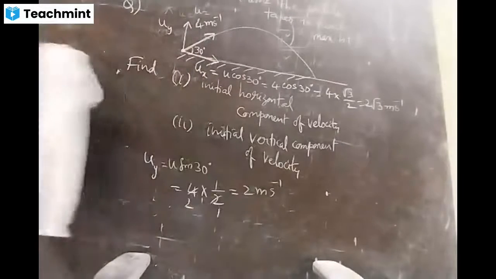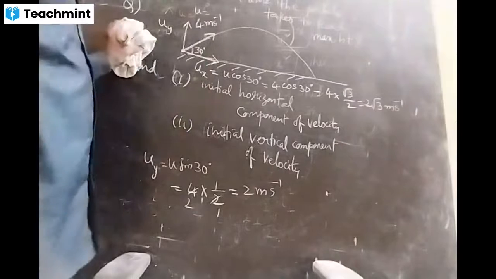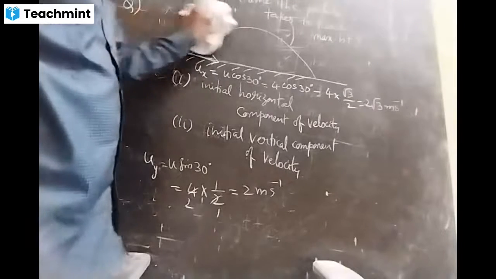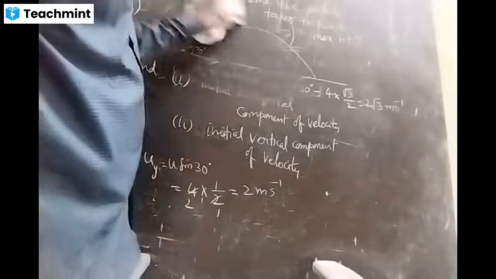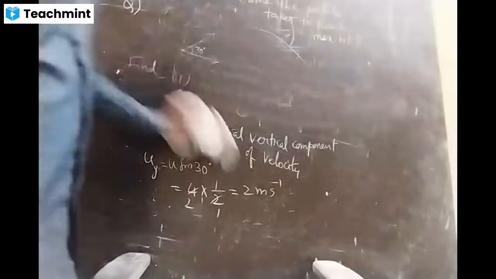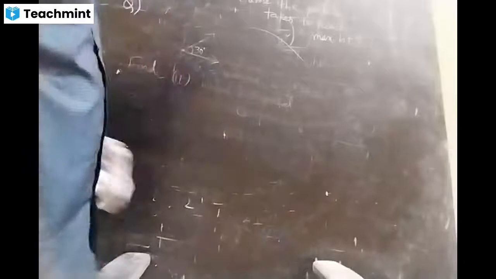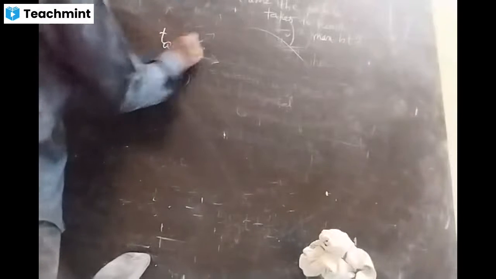Okay, sir. First of all, read the question. What is the time called? Time of ascent, u sin theta by g. What should be the formula for time of ascent in case of projectile? U sin theta by g. Now what is your u given? 4.